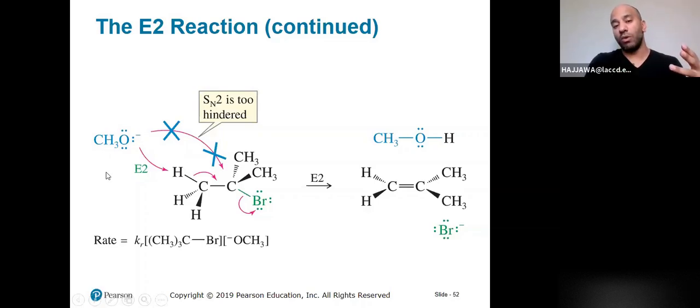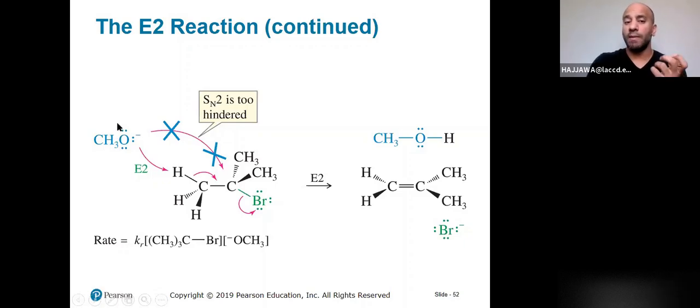If this reaction had been done using an alcohol with a tertiary alkyl halide, there is less chance that it's going to go through E2; it will go through E1. But because I'm using a strong base now with a tertiary alkyl halide, this will not do substitution, it would rather do elimination. It's too sterically hindered to attack that tertiary alkyl halide carbon.